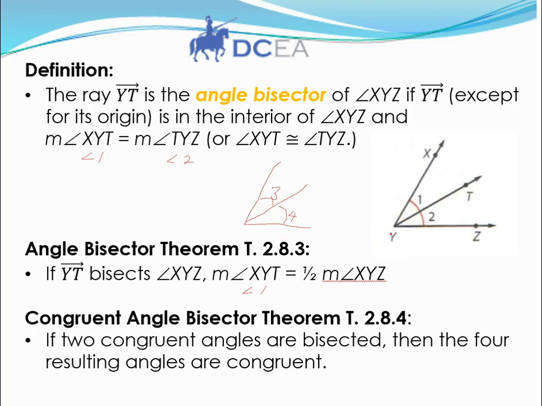So angle 1 would be congruent to angle 2, and angle 1 would also be congruent to angle 3 and to angle 4. And angle 2 would be congruent to angle 3 and angle 4 also, and vice versa.